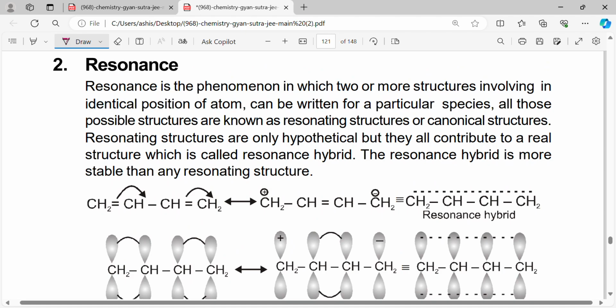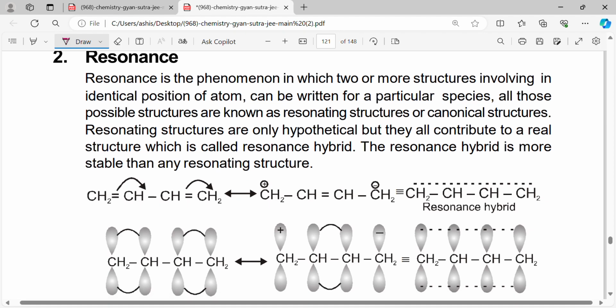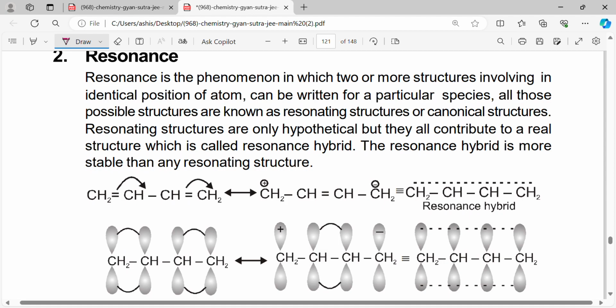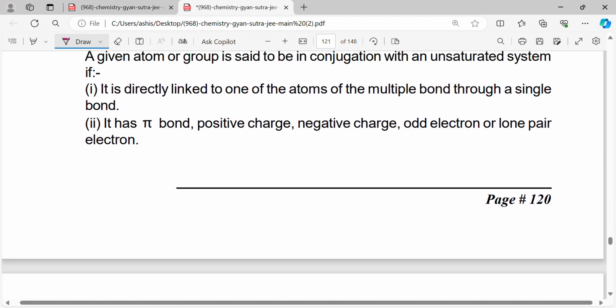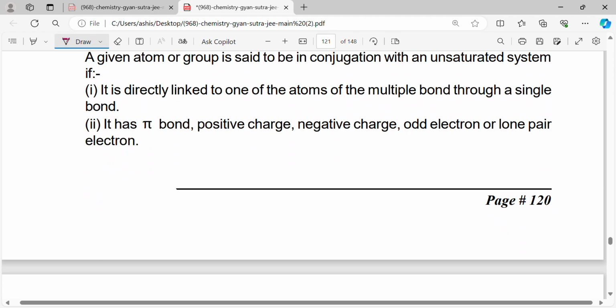We can't remove an atom when drawing resonating structures, and resonating structures are actually paper-and-pen based structures. The must condition for a compound to show resonance is conjugation. Where conjugation is present, those types of compounds can show resonance.